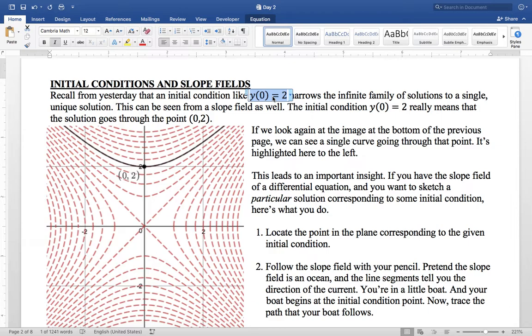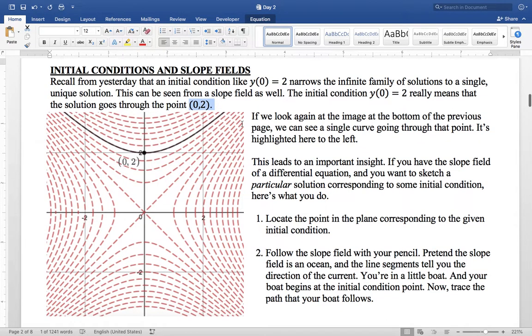Interpreting that geometrically, it's telling you that the graph of your function goes through the point (0, 2). And you can see that there is in fact only one curve which goes through (0, 2), which I've highlighted here with the solid line.